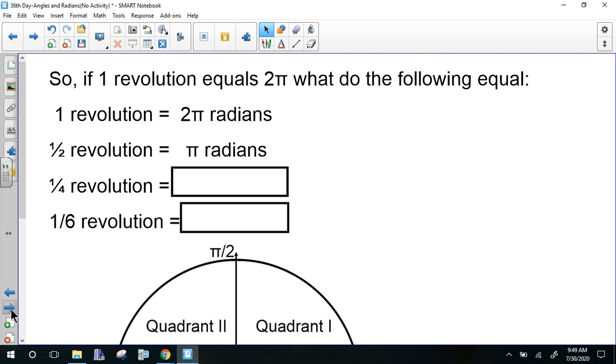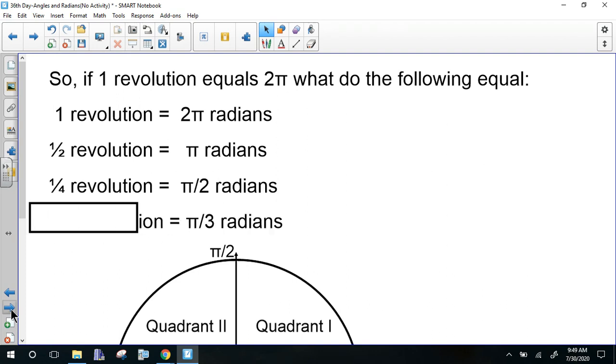A fourth of a revolution is a fourth of 2 pi, or half pi. So a fourth of the way around the circle, you should be at pi over 2 radians. 1/6 of a revolution, if we take 2 pi and divide by 6, we get 1/3 pi.